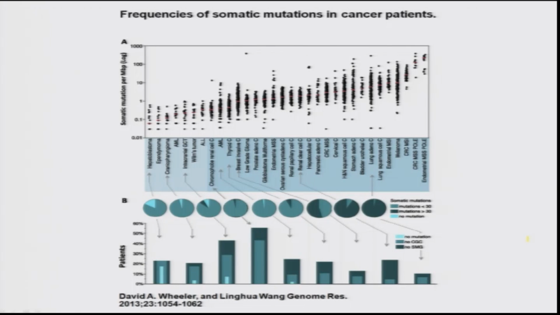On different cancers, these are somatic mutations per megabase pair. You can see that it varies from patient to patient, right? Depending on what kind of cancer you are seeing. That really talks about the heterogeneity and the need for such an approach, because information that you get from one patient is not going to really help the other patient. So you need to understand what is so unique about that particular cancerous population found in a particular patient.